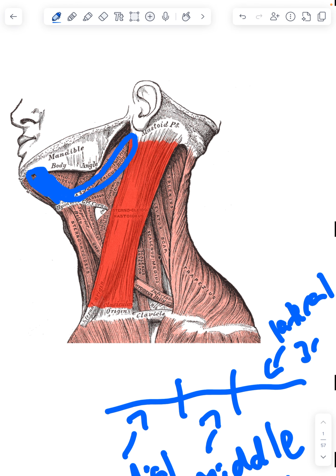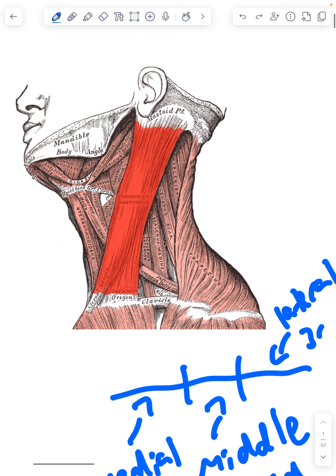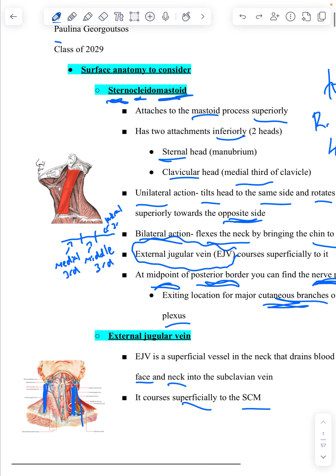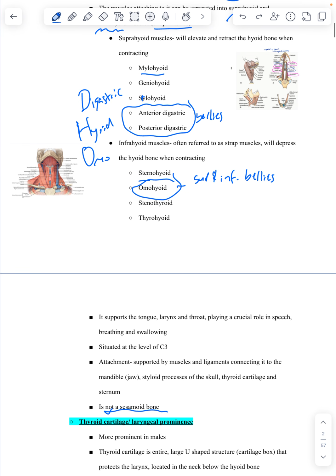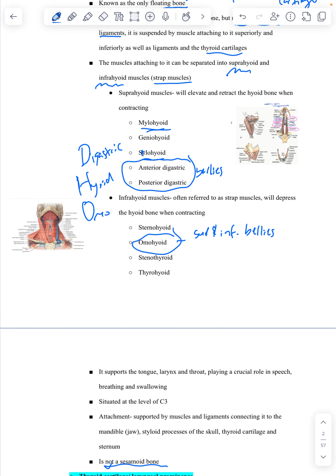So this is anterior, this is posterior. And you can't see geniohyoid in here, but it would be higher up than the mylohyoid, so it's more deep. So those are your suprahyoid muscles: stylohyoid, mylohyoid, geniohyoid, and the two bellies of the digastric.